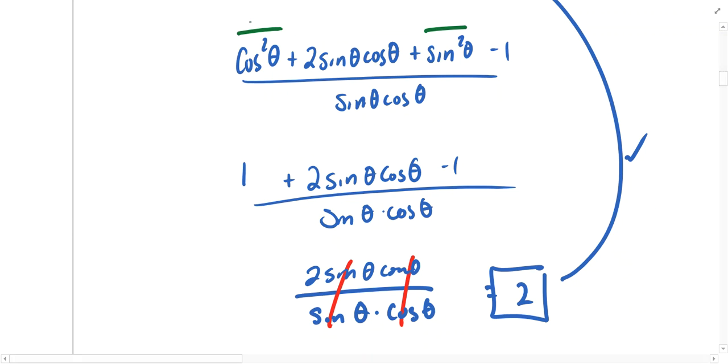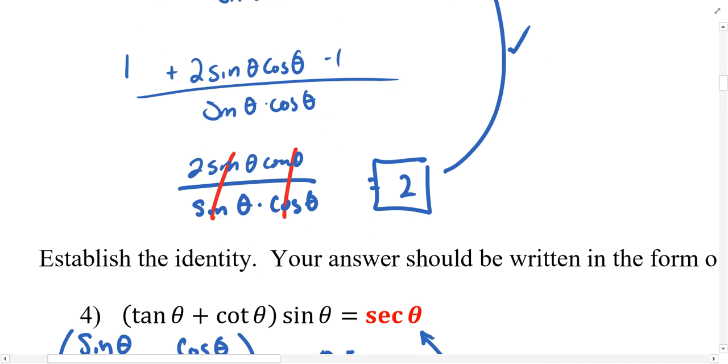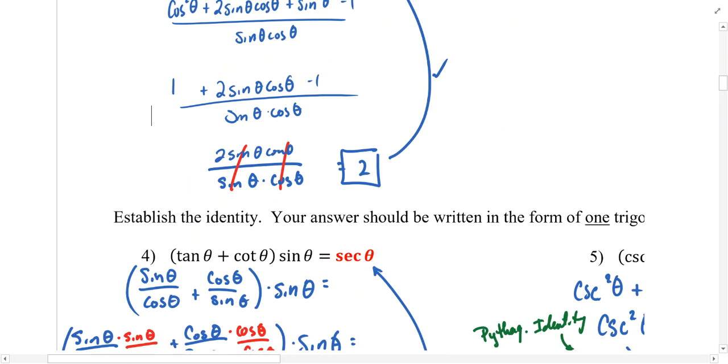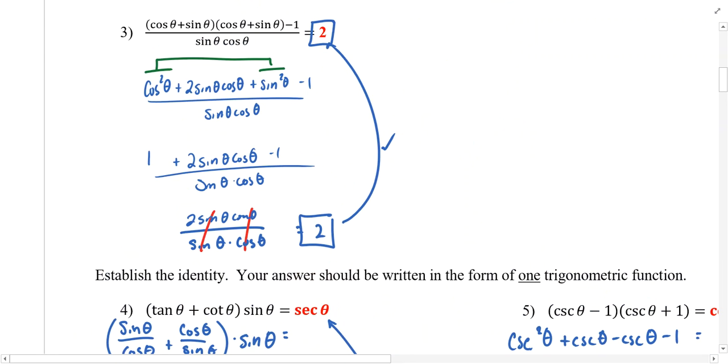Well, I also recognized that cosine squared plus sine squared is equal to 1, according to our Pythagorean identity, and 1 minus 1 ultimately cancels to nothing, which leaves us with the fraction 2 sine theta cosine theta over sine theta cosine theta. The sines and the cosines cancel, and we're left with 2, and that's how we obtained that final answer.